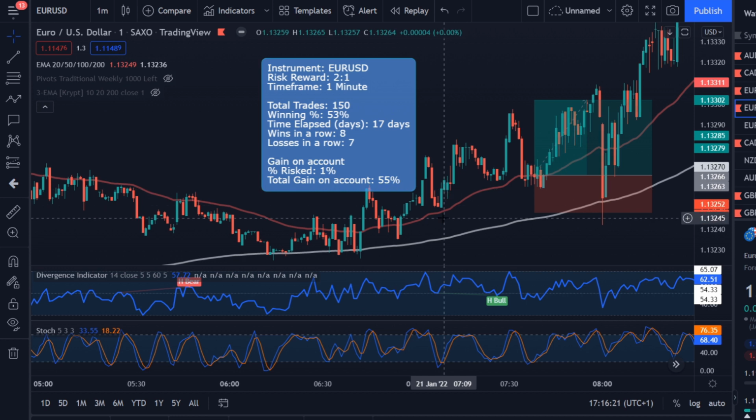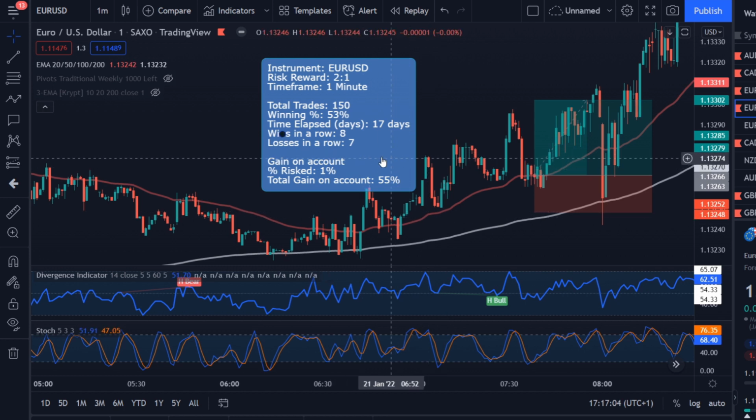And you also have to take into account these fees, because every time you take a trade, you take an order, you have to pay commissions or spread. So yeah, because we're trading on the 1 minute time frame, we pay more fees, more spreads than when we're trading on the 1 hour time frame, because we are taking more trades.